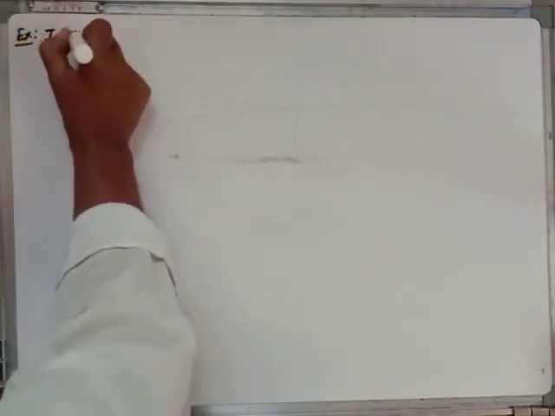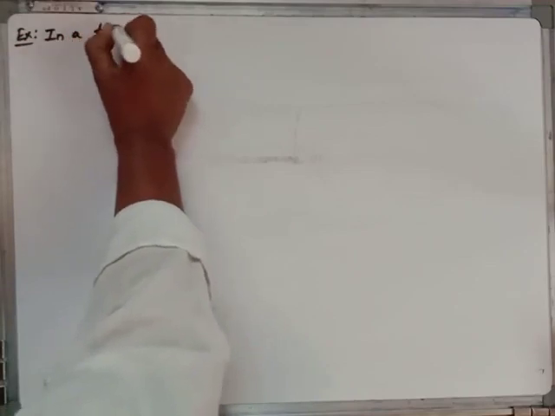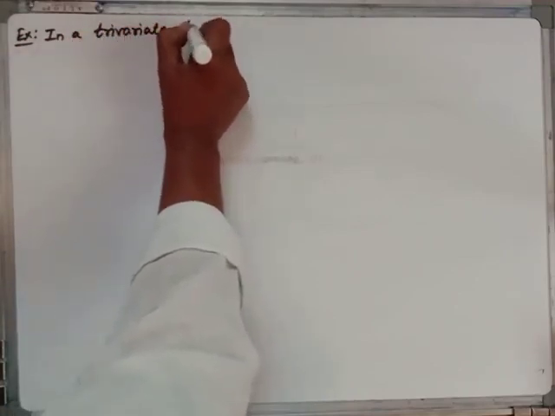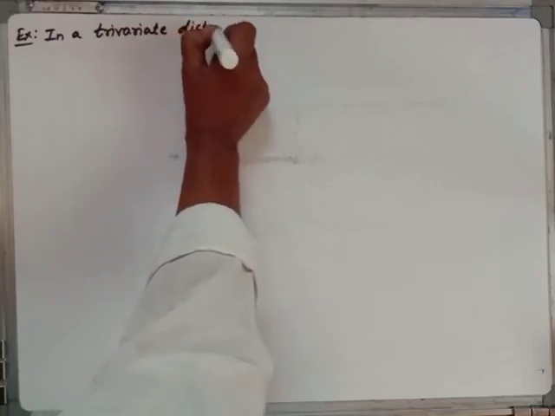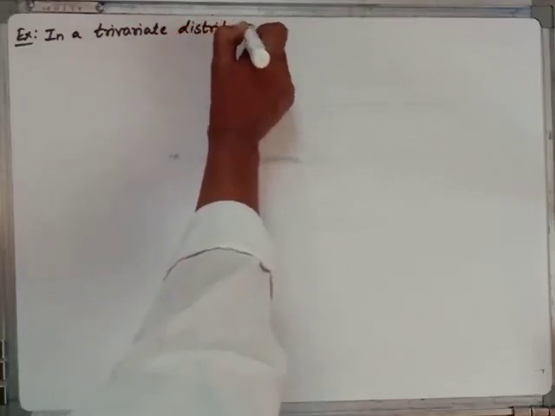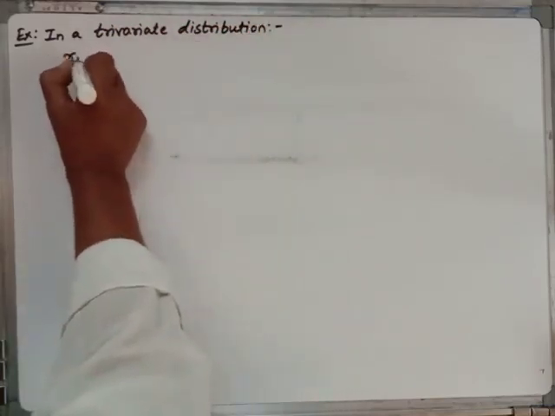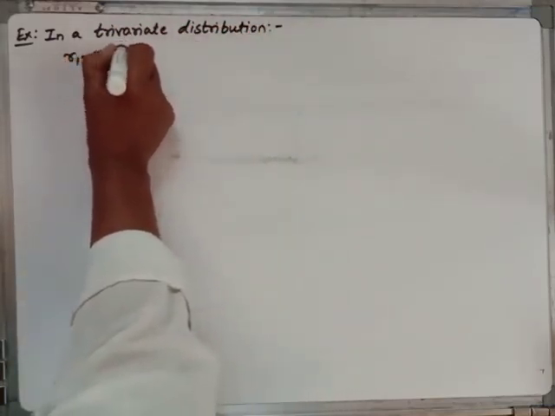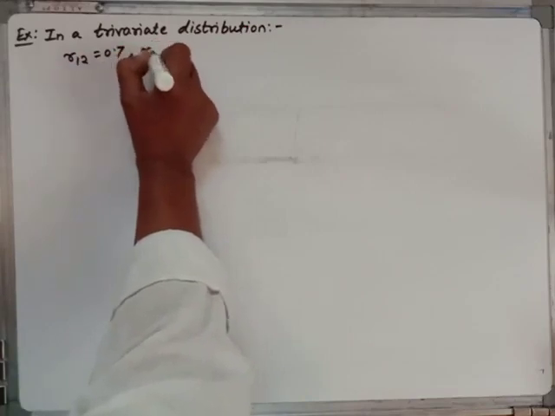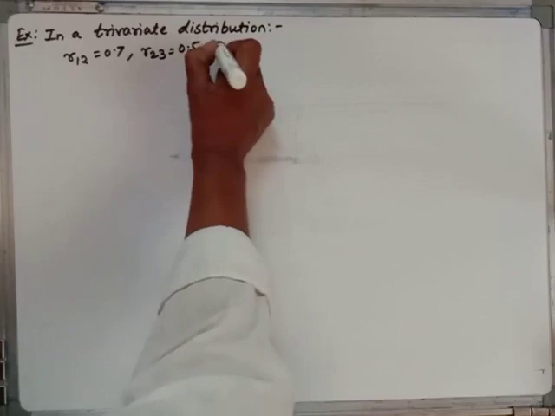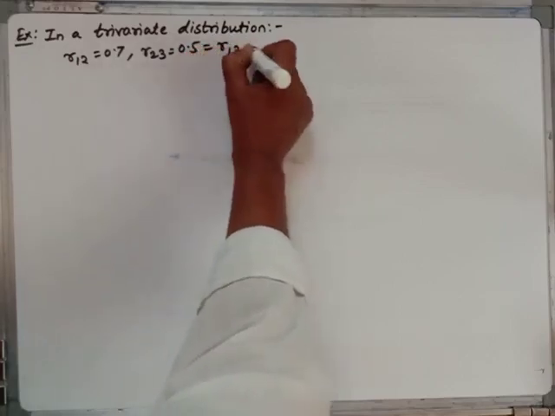In a trivariate distribution, R12 is equal to 0.7, R23 equal to 0.5, and it is same as R13 also.